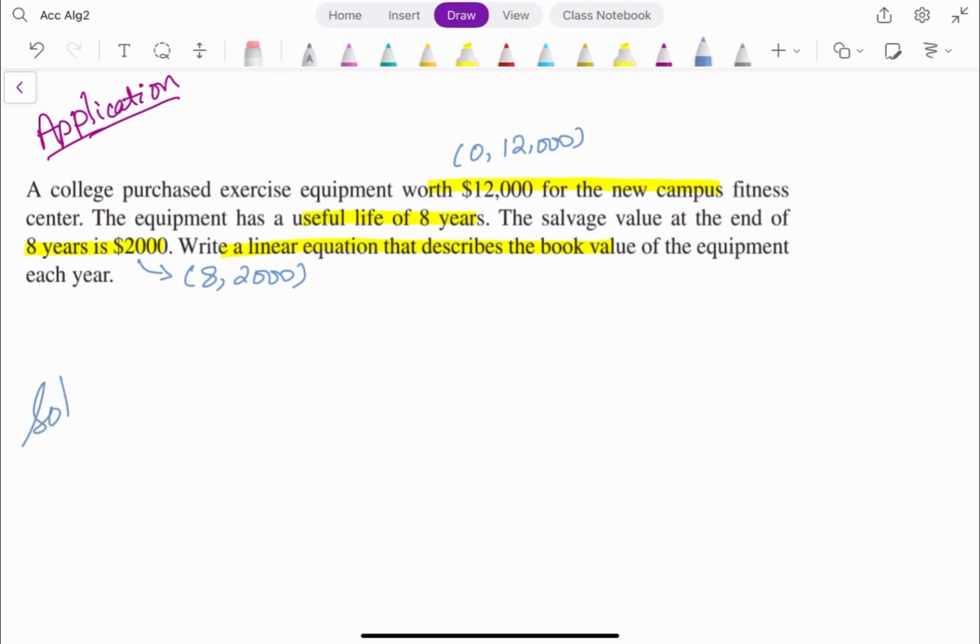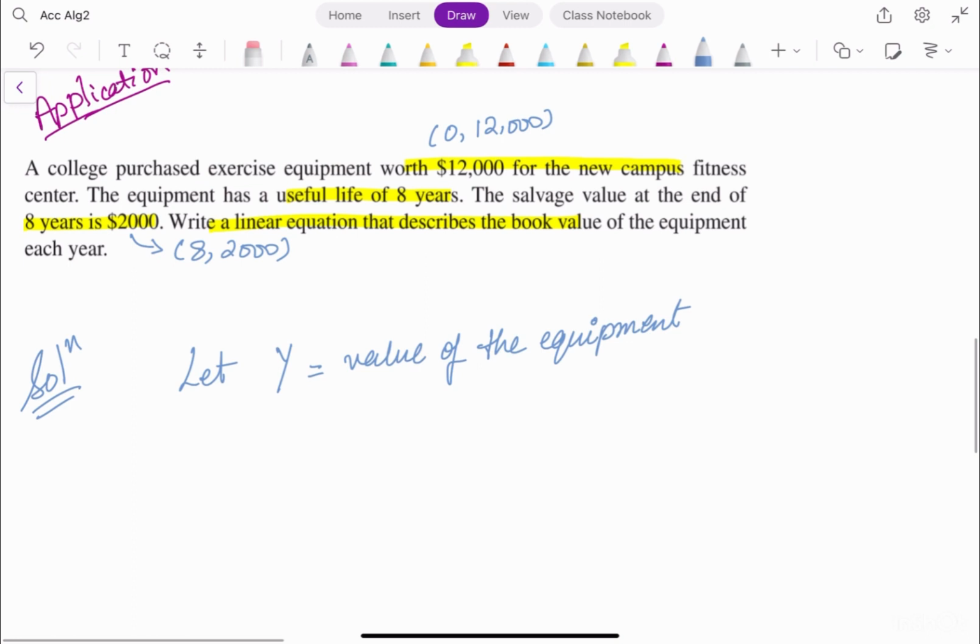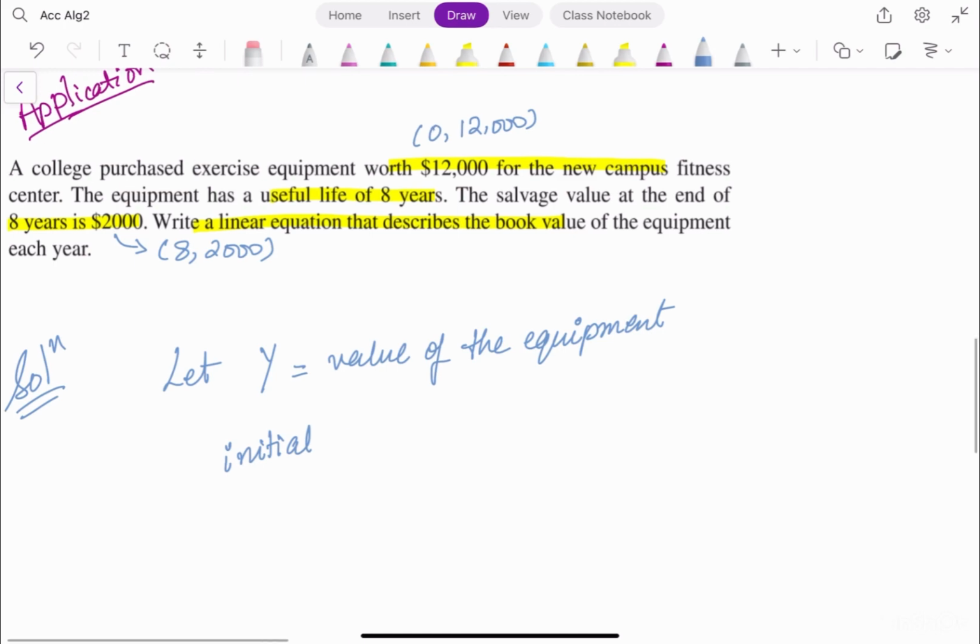So for the linear equation, what we need is a set of points and we need a slope. So let's assign a variable. Let y be the value of the equipment. So the initial is when we are taking x as 0.